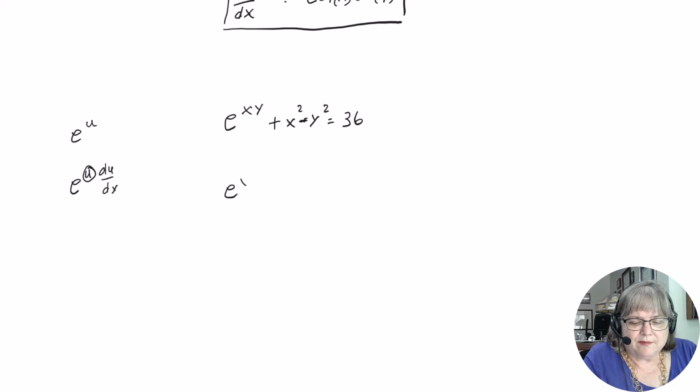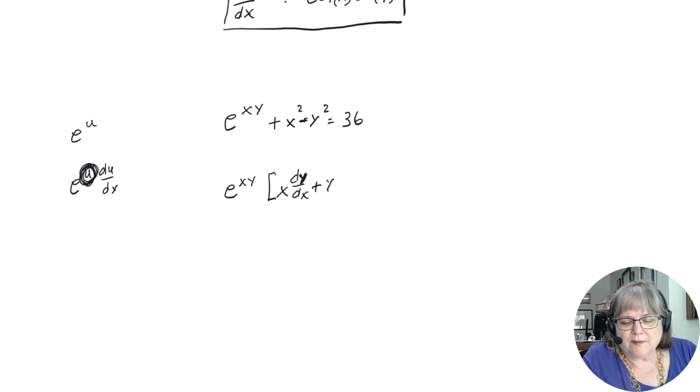Okay. So what's the derivative of e to the xy? Itself again. Then you're going to loop back in and take the derivative of whatever's up here with the power, and that's a product. So it's the first times the derivative of the second, dy/dx, plus the second times the derivative of the first, which is 1, right?